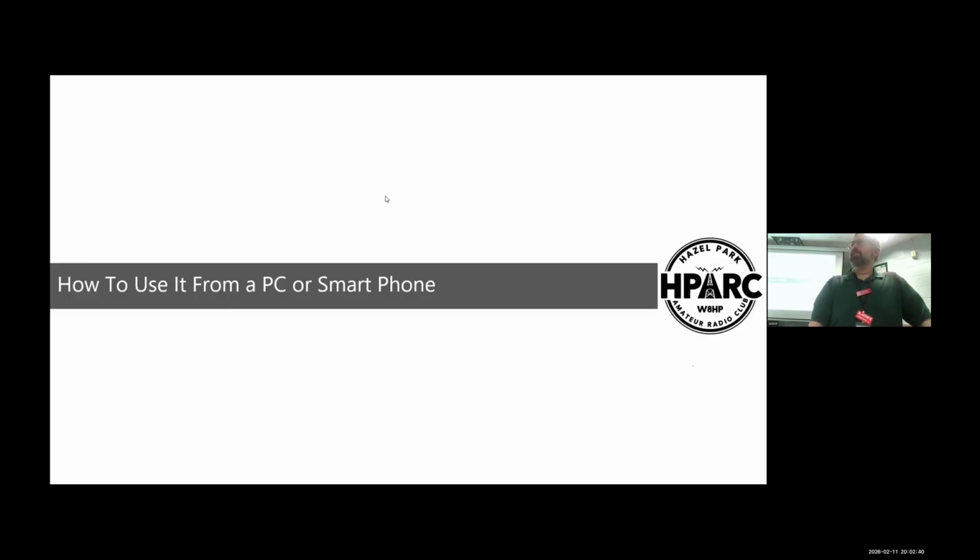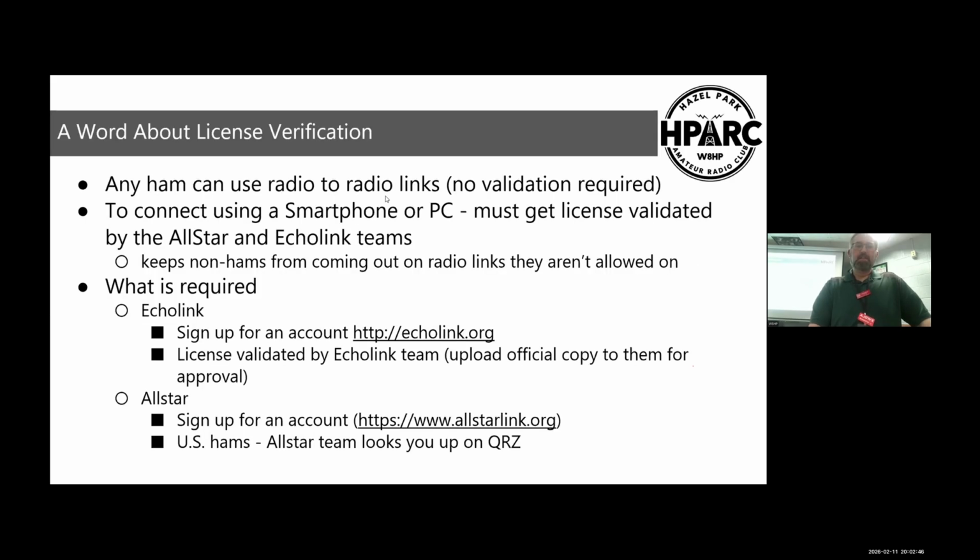So from a PC or a smartphone, I'll kind of go over this quickly since I think everyone has used Echolink. Since any ham can use the radio to radio links, we kind of assume that there's no validation needed, because if you're transmitting, we assume you have a license.